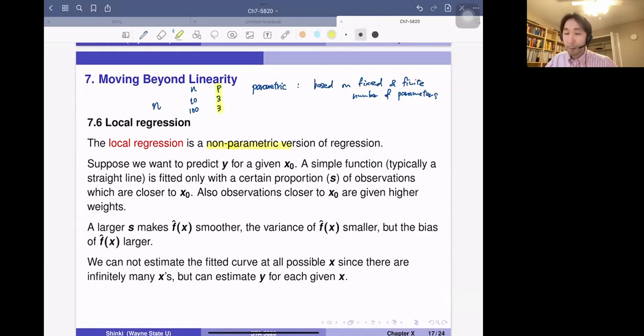But in non-parametric methods, p increases when n increases. For example, if n is 10, maybe p is 5, but if n is 100, then p becomes 50, and so on. Of course, for a finite data set, everything can be explained by a finite number of parameters, but if the number increases as n increases, then we say it's non-parametric.